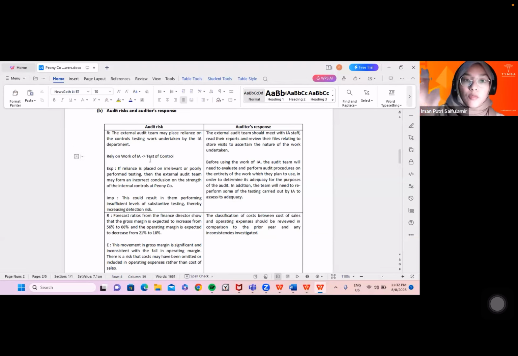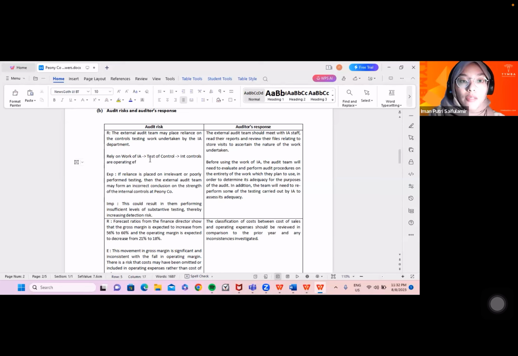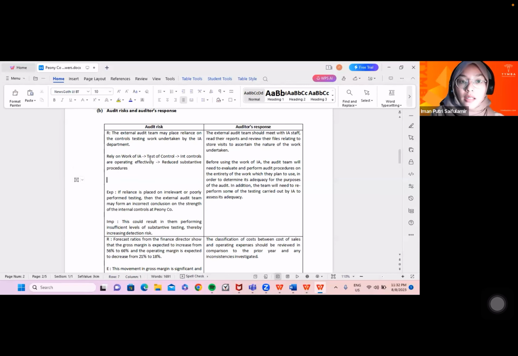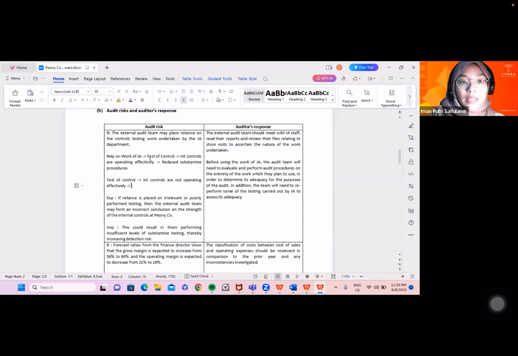If we perform a test of control and find that the internal controls are operating effectively, then we will do reduced substantive procedures. However, if the internal controls are not operating effectively, then we will conduct full substantive procedures.